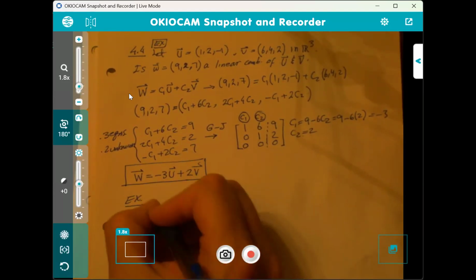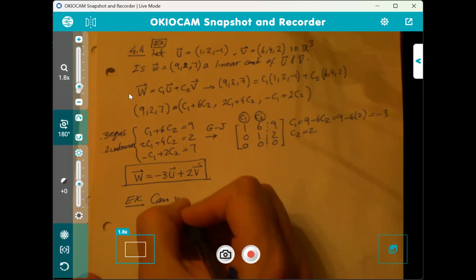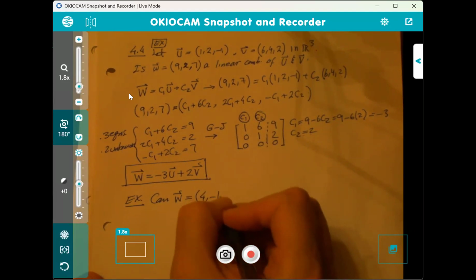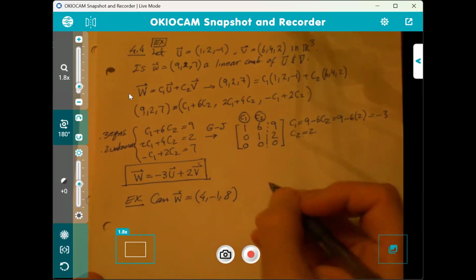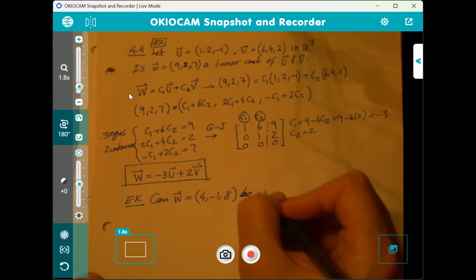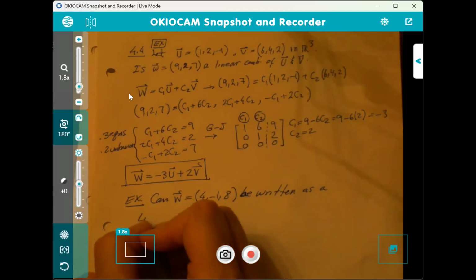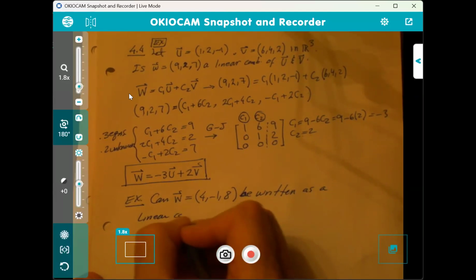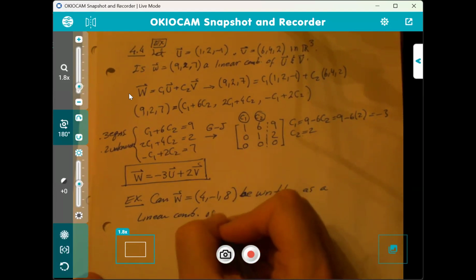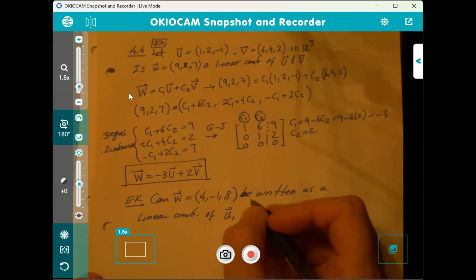In this example, same kind of principle. Can I write W, and this time I picked W to be (4, -1, 8), can W be written as a linear combination of, now I'm going to go with the notation in your book, I'm going to this time call them U1, U2.